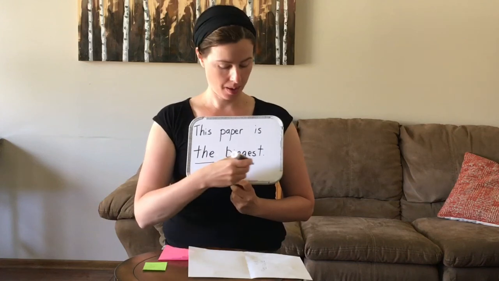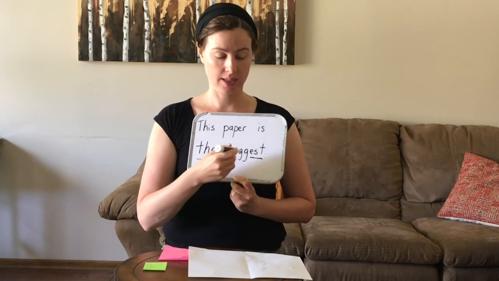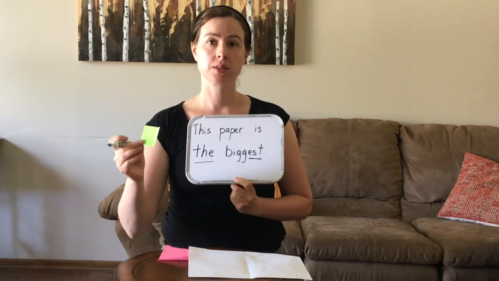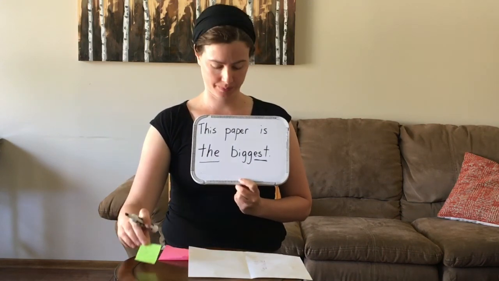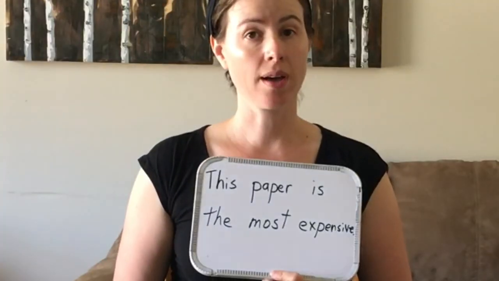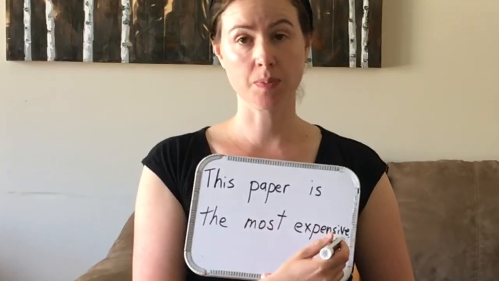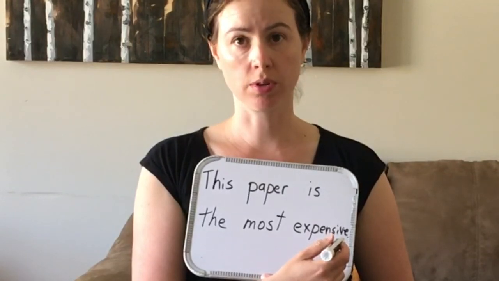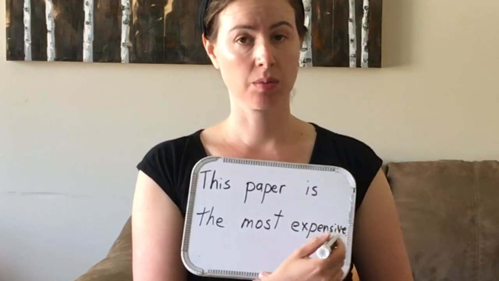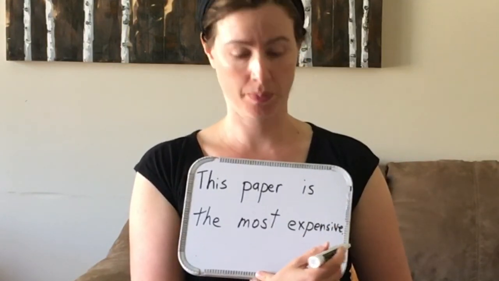The biggest, E-S-T, or the smallest, when you have 3 or more. Now when you have a long word like expensive or beautiful, we don't say expensivest, beautifulest, no.